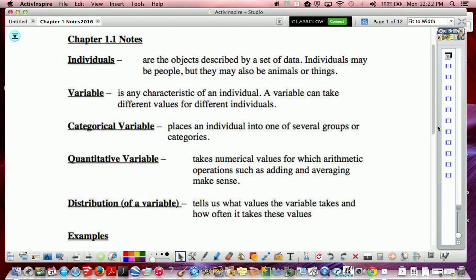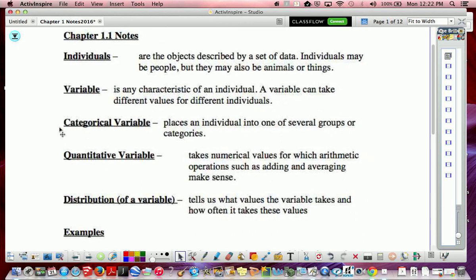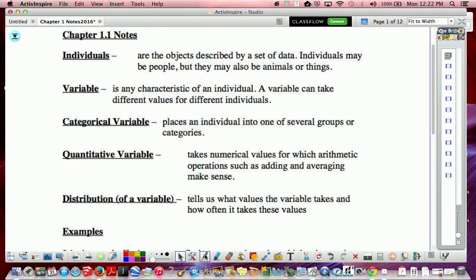The first one is called categorical variables. Lots of times I'll think of it like yes-no questions, but it also puts you into groupings or categories. So are you a male or female would be a category.